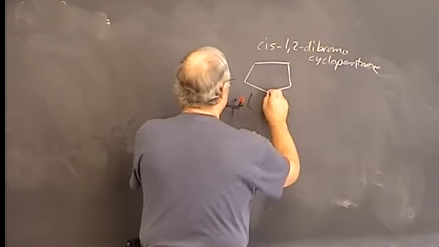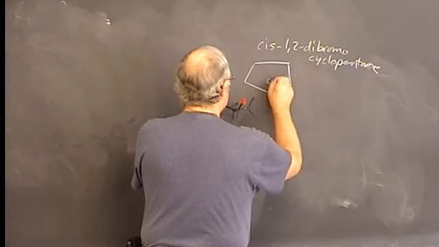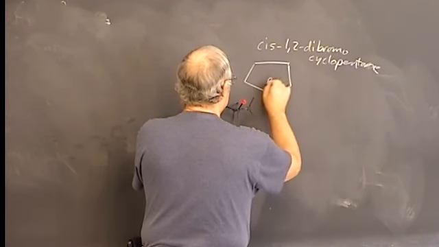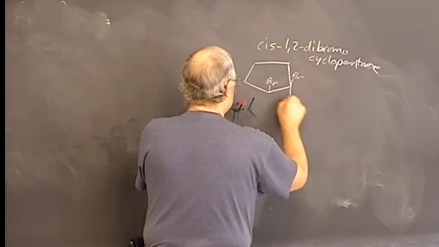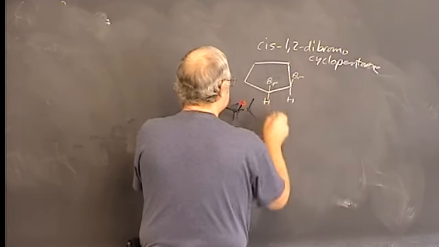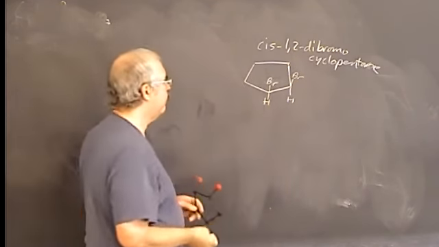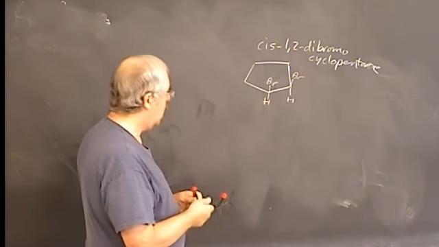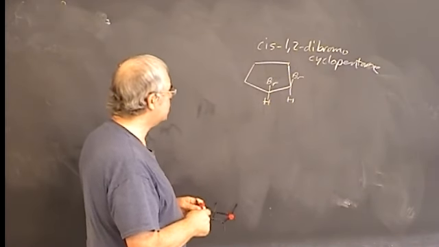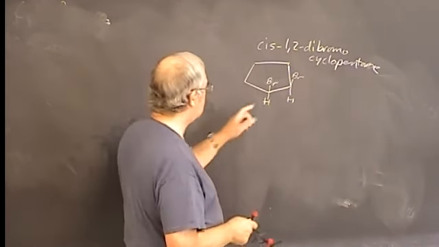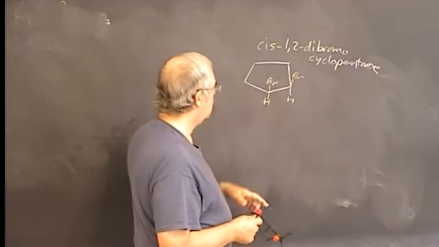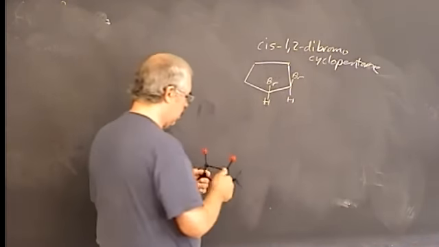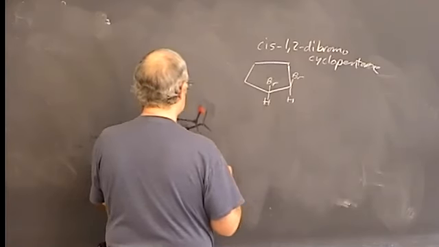One way we could represent that is like this. It's also preferred practice to show the hydrogens, or if there are other groups present, on those particular carbons.